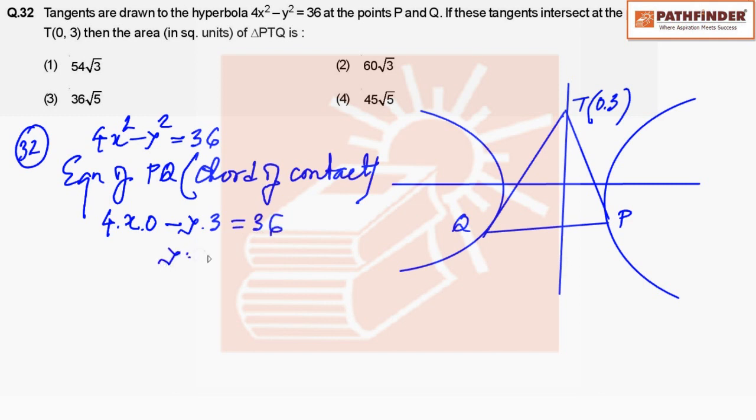So y will be minus 12. So the equation of the chord is y equal to minus 12.